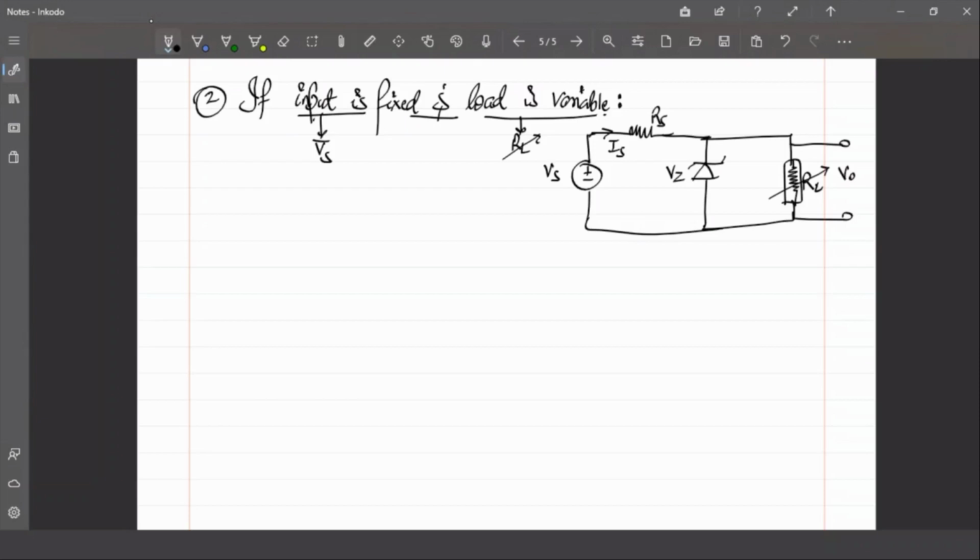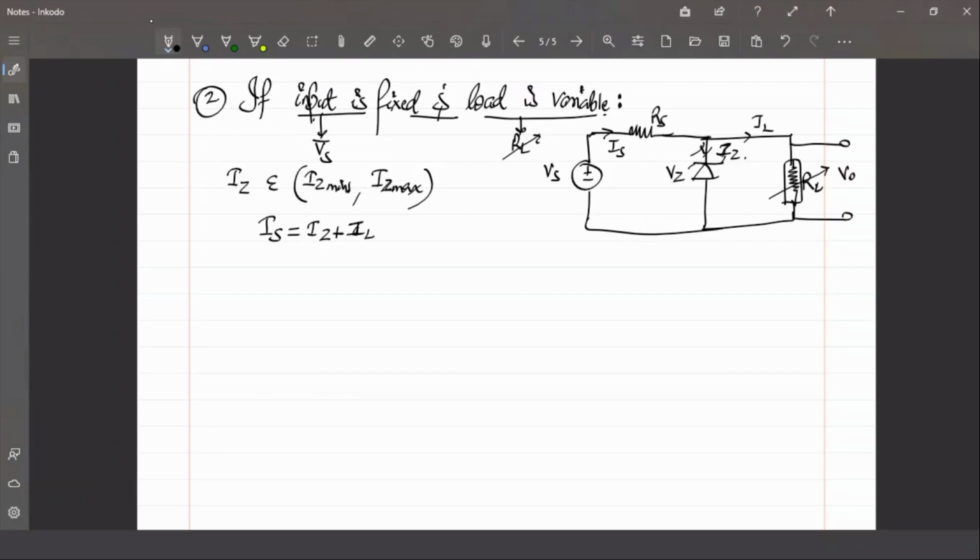So whatever be the condition, this Zener diode current Iz, for regulation to take place, should be falling between Iz minimum to Iz maximum in that graph which we had seen. And we know that Is is equal to Iz plus IL.